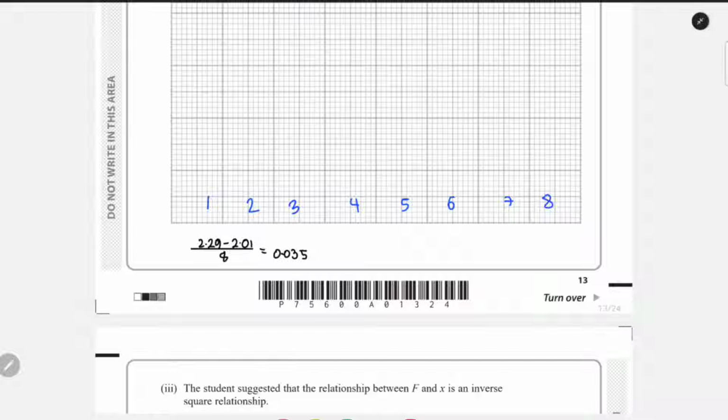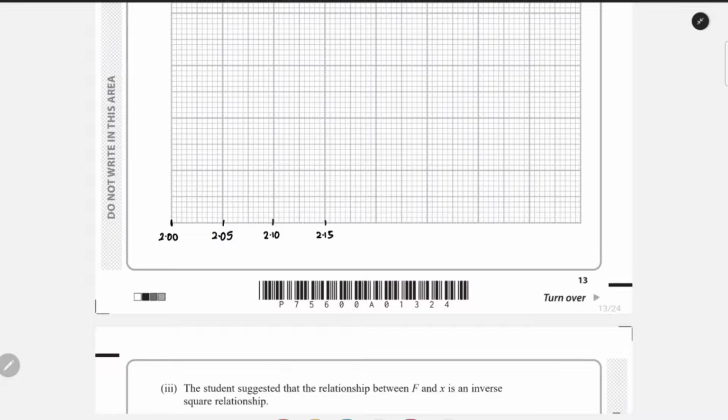So we can take 0.05 for each box. We can start from 2.0 then. So 2.00, 2.05, 2.10, 2.15, 2.20, 2.25, 2.30.